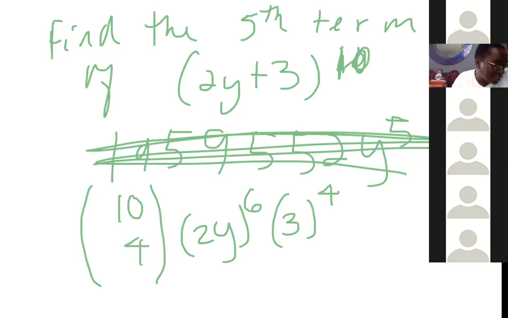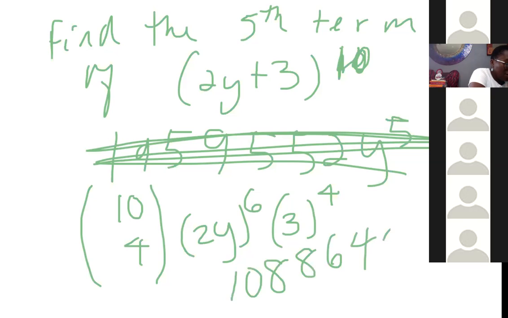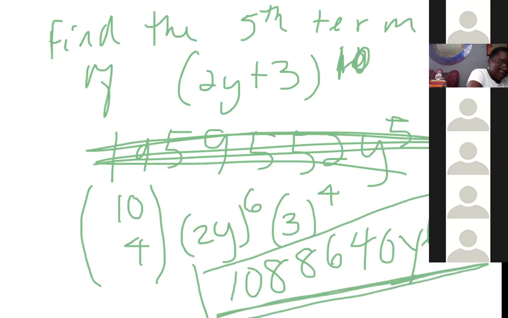All right, so let me try this again. 10 choose 4 times 2 to the 6 times 3 to the 4th power. So my answer is 10,88640 y to the 6. All right. There we go.